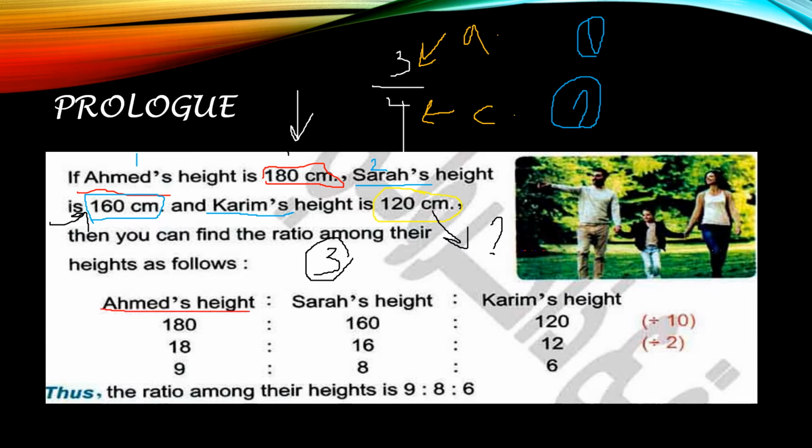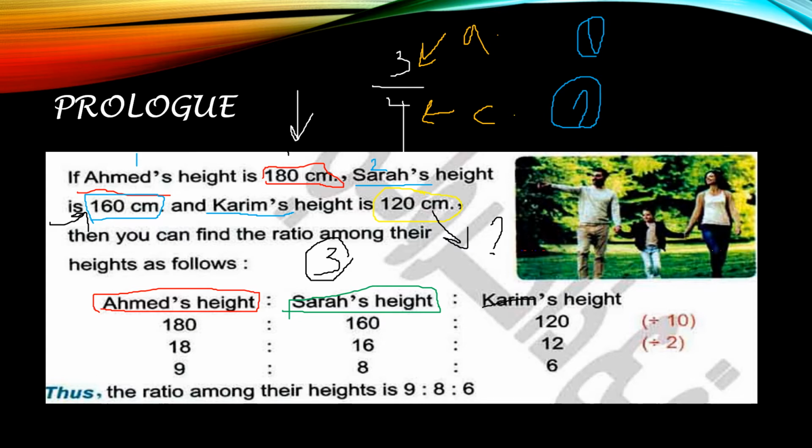We're going to write the title, which is Ahmed's height, the first term. And then we're going to write Sarah's height, the second term. And then we are going to have Kareem's height.